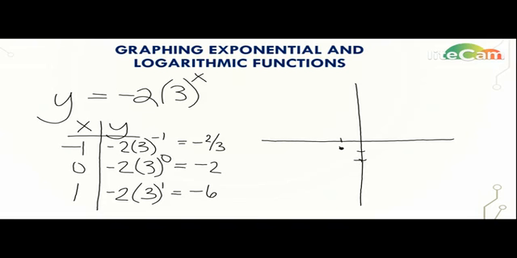Okay, so I did -1, 0, 1. I plugged in -1, 0, and 1 into my function. I'm using the -2 because I'm going to multiply this, but notice, let's do this one first. So 3 to the 0. 3 to the 0 is 1, and 1 times -2 is -2.